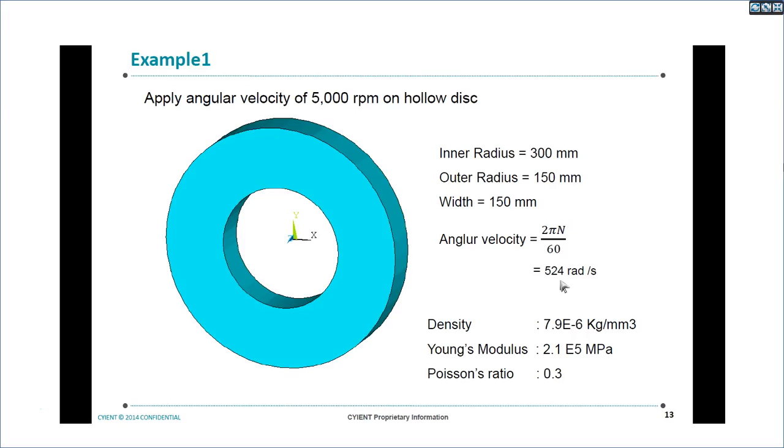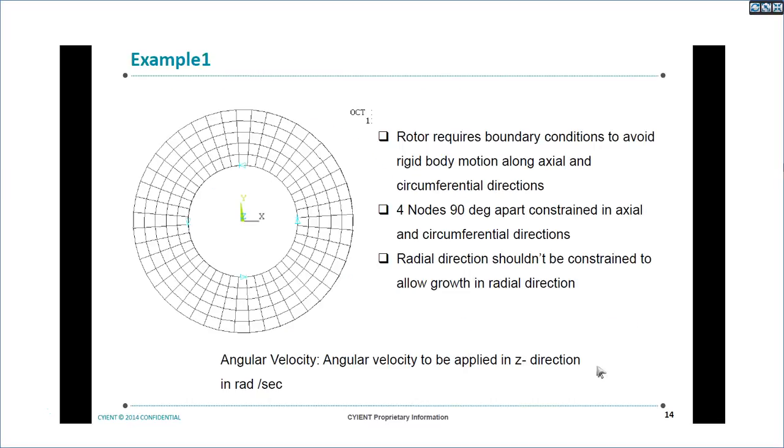This is one more example. This is a hollow disk subjected to angular velocity. These are the geometry details, and material properties are given here. Here we have used very minimum constraints, the minimum required constraints. We arrested 4 nodes separated 90 degrees apart.